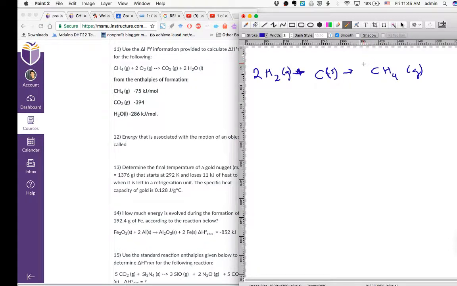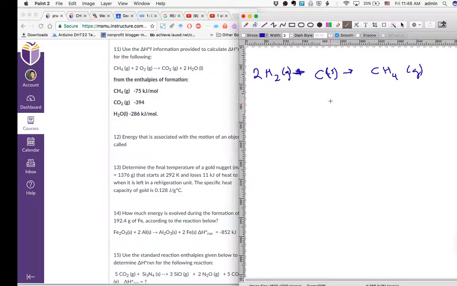By definition, this has to be 1 mole of methane gas. Because of this definition, sometimes in a formation reaction you might have fractions of moles. It could have been 1/2 H2, which would have gotten me a CH molecule. But in this case, I don't need fractions. I just wanted to let you know that you could have fractions as coefficients in a formation reaction.